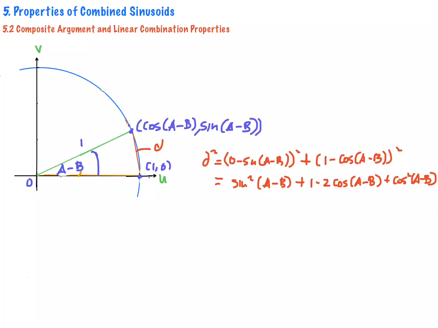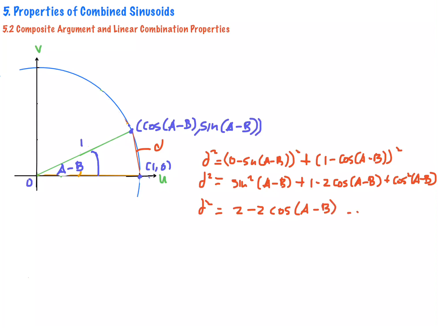After that, let's try to expand it a bit. Is there something that we can simplify over here? Yes. Look, we have sin squared (A minus B), and we also have cos squared (A minus B). Treat each as one term. It's like sin squared x plus cos squared x, which will be equal to 1. So 1 plus 1, that will be d squared equal to 2 minus 2 cos(A minus B). This is the second equation.